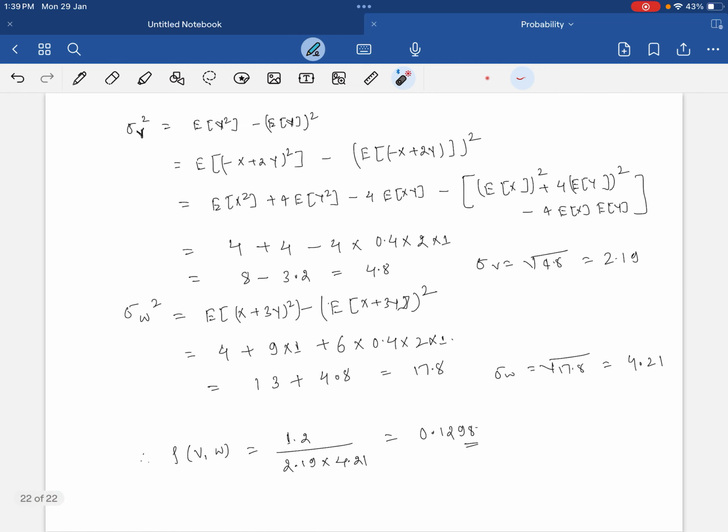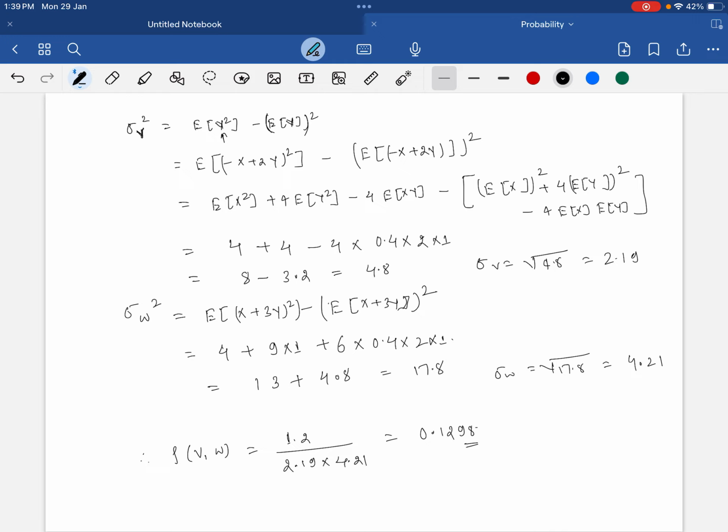And how can you find the standard deviation of v and w? By using the same definition of variance. You can use the definition of variance, that is the expected value of v square minus the square of the expectation of v, right?